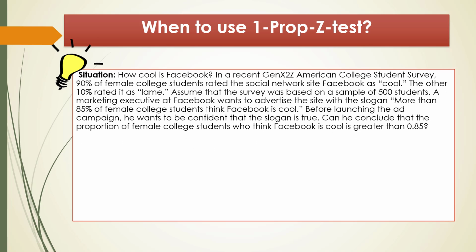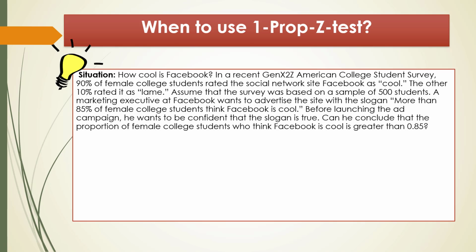Let's look at this situation. How cool is Facebook? In a recent Gen X to Z American college student survey, 90% of female college students rated the social network site Facebook as cool. The other 10% rated it as lame, assuming that the survey was based on a sample of 500 students.